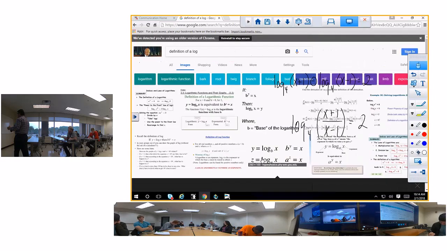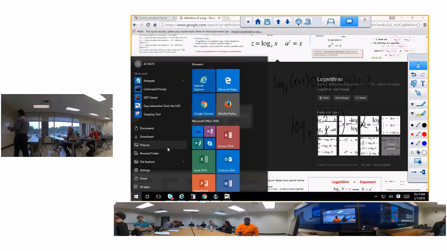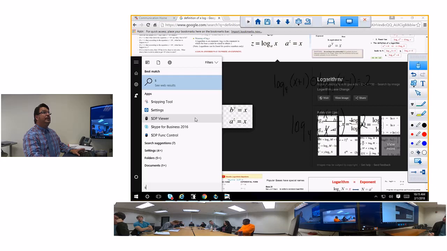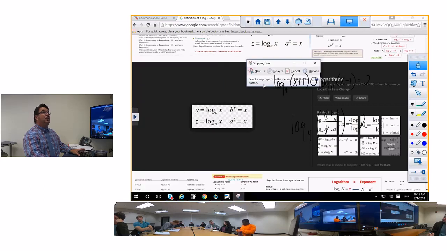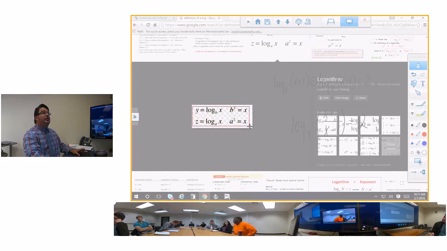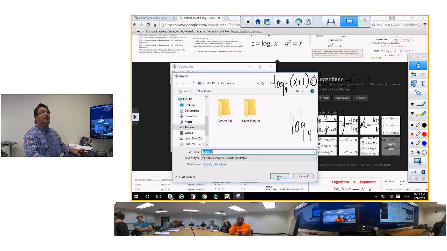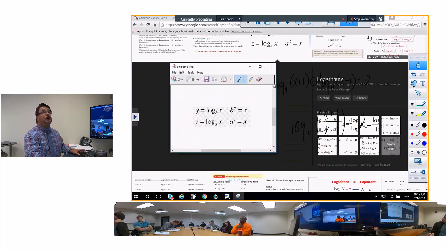The whole point is I'm just going to take my handy dandy snipping tool. I'm doing this for a reason, guys. Just bear with me. This is what I don't like to do because it takes so long, but I'm doing it for a reason. Take that, save it as whatever, and then I'm going to bring it in on the board. I can't bring it in.